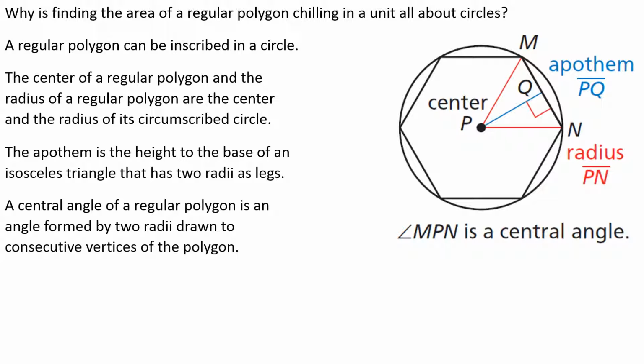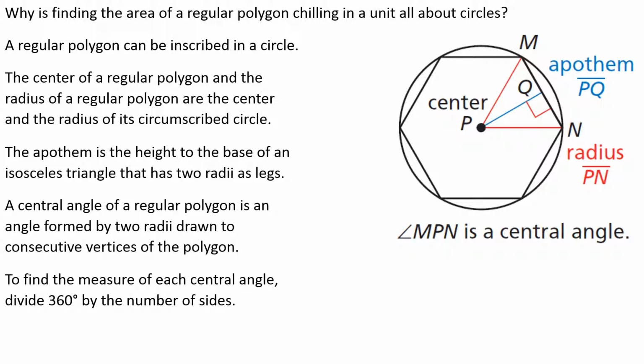Now, the sweet thing about that central angle, we know all the way around the circle is 360 degrees. Because the polygon has to be regular, we know that it's going to get cut into congruent pieces or equal measurement pieces. So in this case, if there's 6 sides on the polygon, 360 degrees divided by 6 will tell me how many degrees that central angle is.